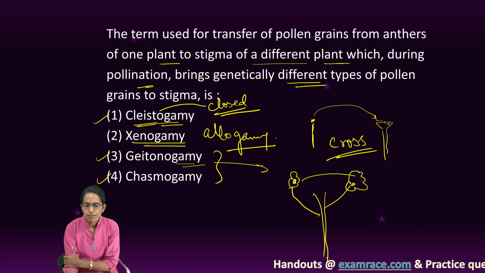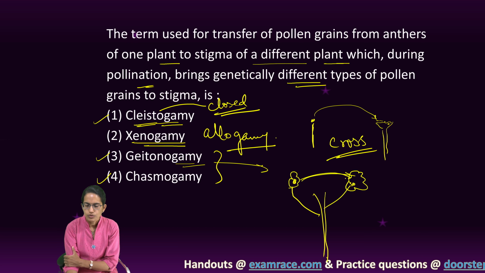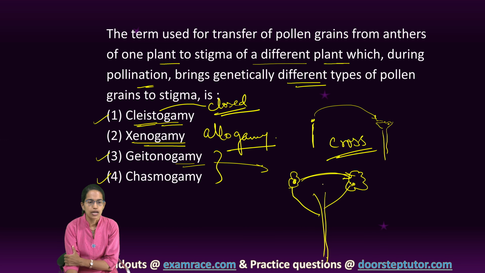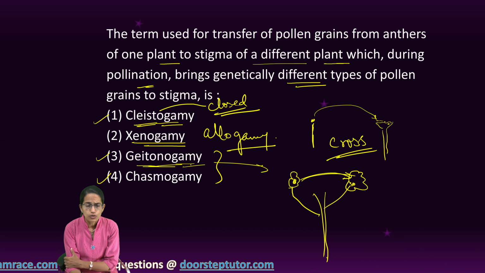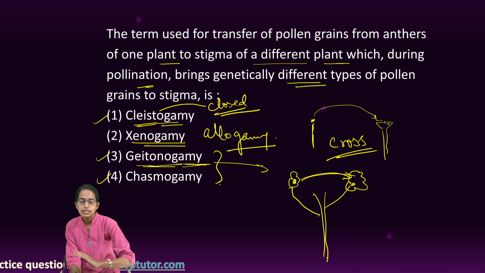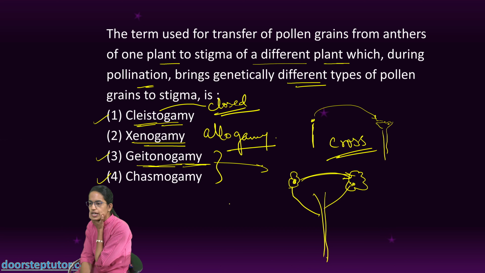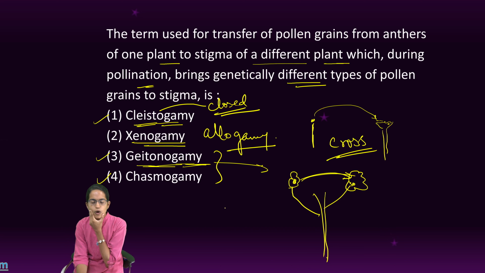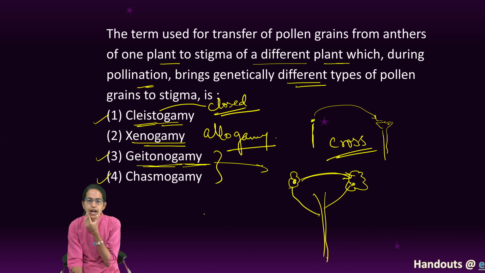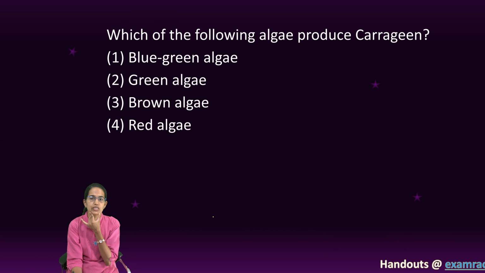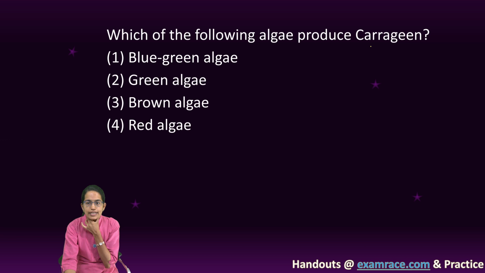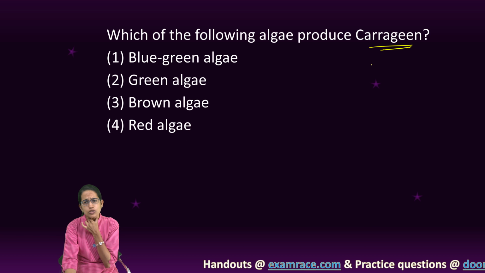From one flower of the plant to another flower of the same plant, it is known as geitonogamy. So we have talked about some of the major forms here, and this is a very basic, very direct question usually asked.